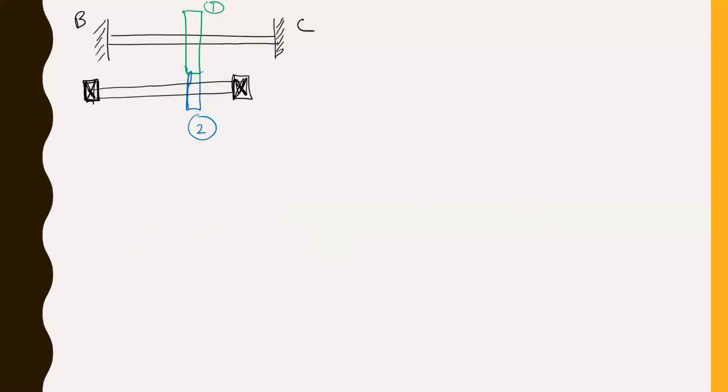We're going to apply a torque over here, so we'll call this point A. The thing that we're interested in is the change of angle at A due to the torque applied at A. So find the rotation of A caused by the torque at A.